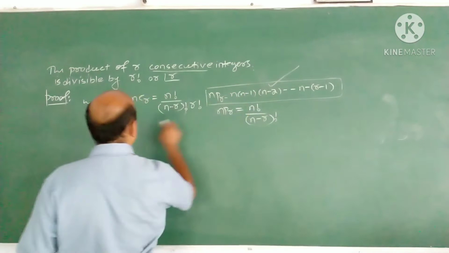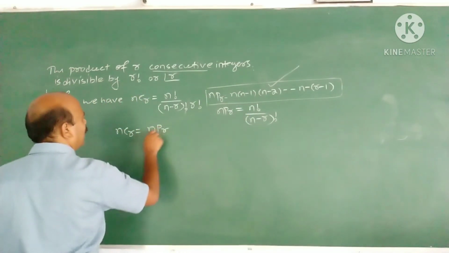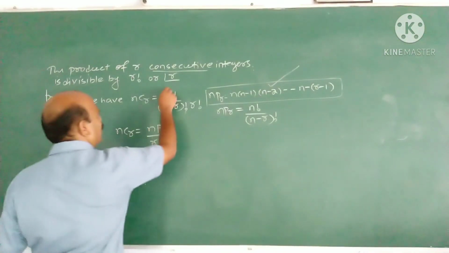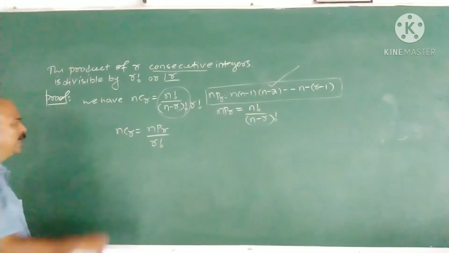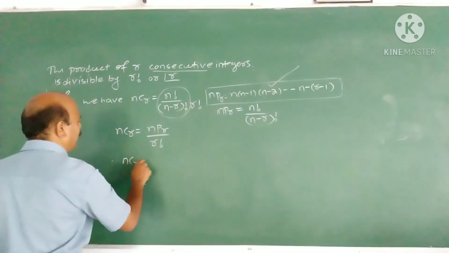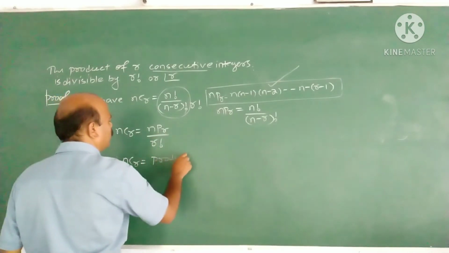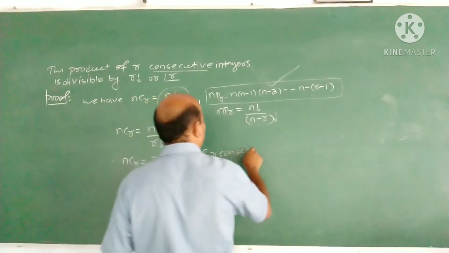Now, using these two, nCr is nPr upon r factorial. Therefore, nCr is, what is nPr?